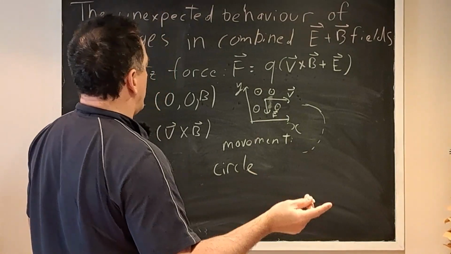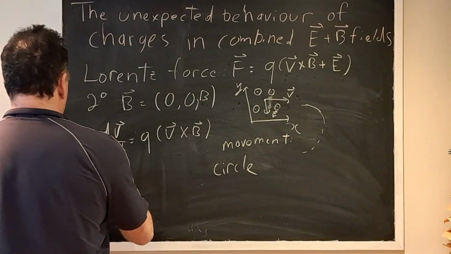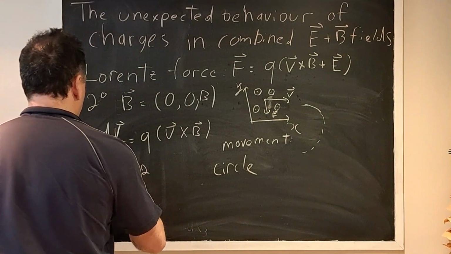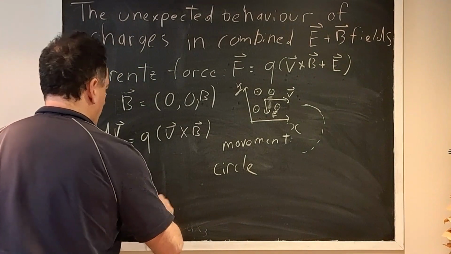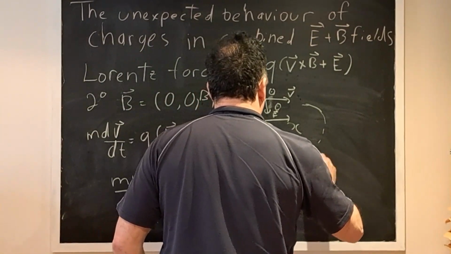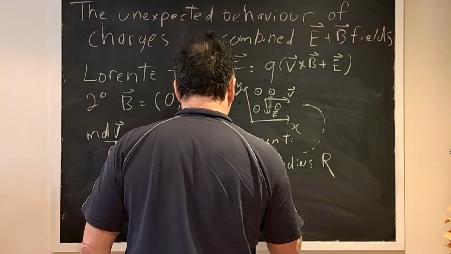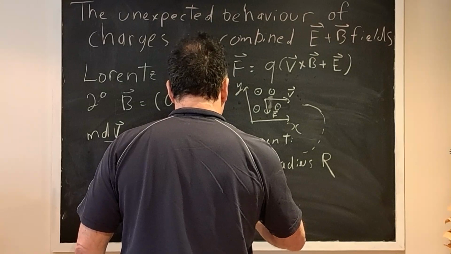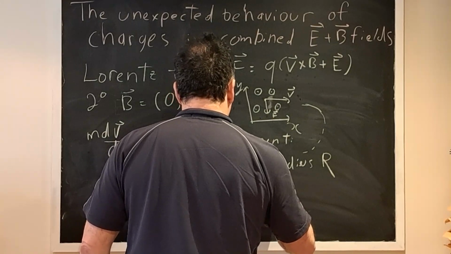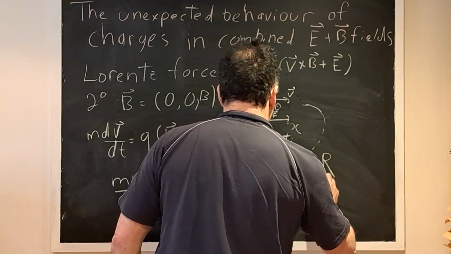So, the first one, we will see if we put m v squared over r, there will be a radius r and an angular speed omega.